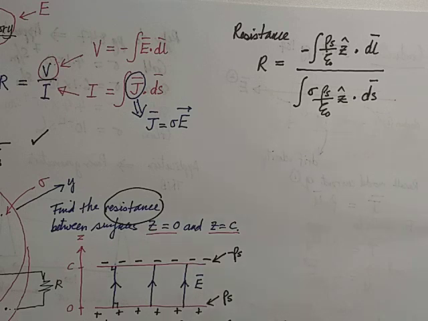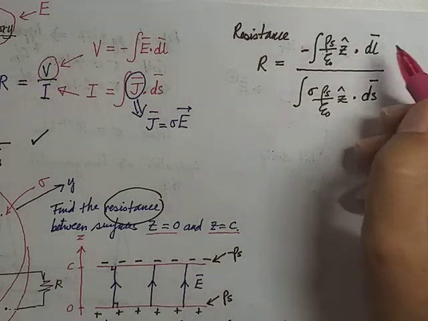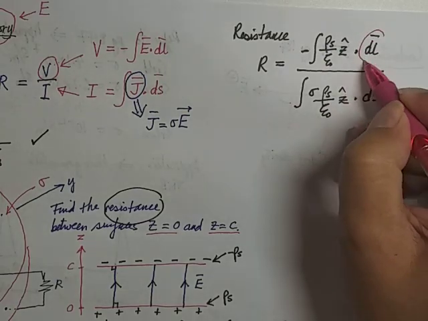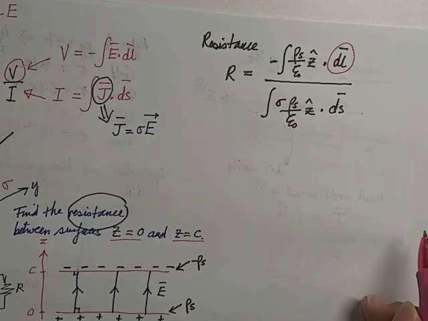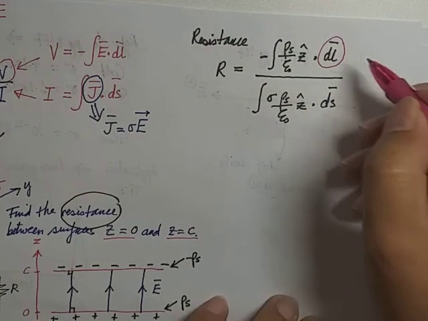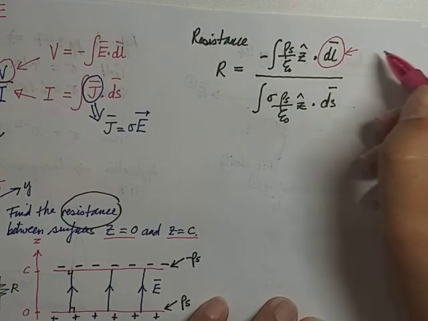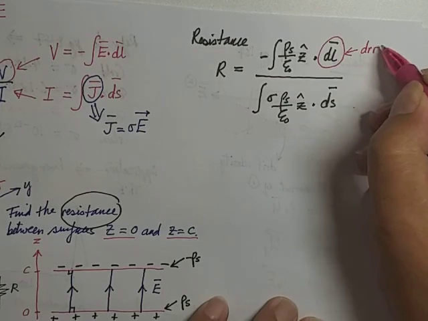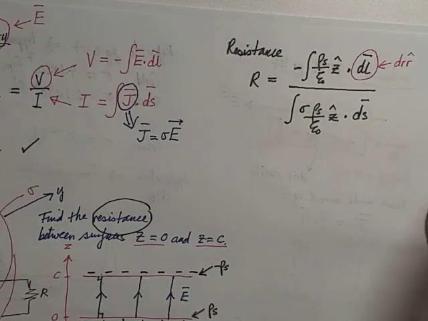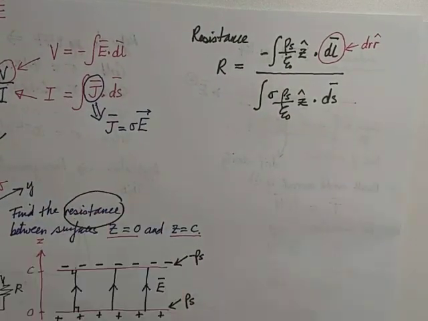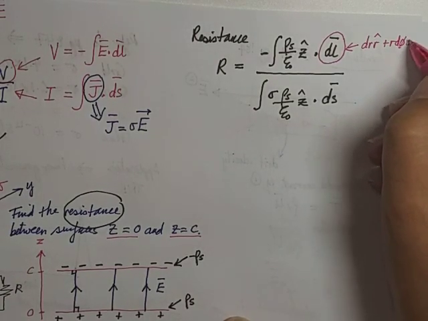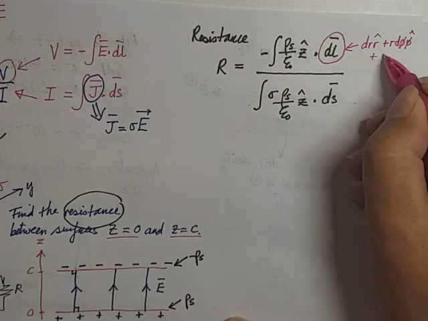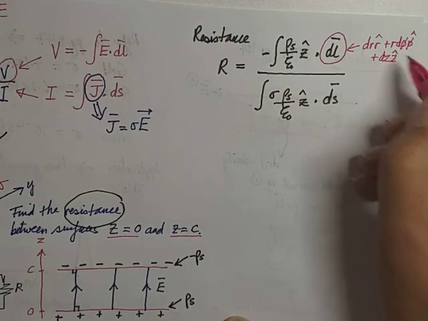Yeah? So now I'm going to continue by talking about what the dl I need to put here should be. Okay, again based on cylindrical coordinates, the dl should consist of dr in the r direction, plus r d phi in the phi direction, and plus dz in the z direction.